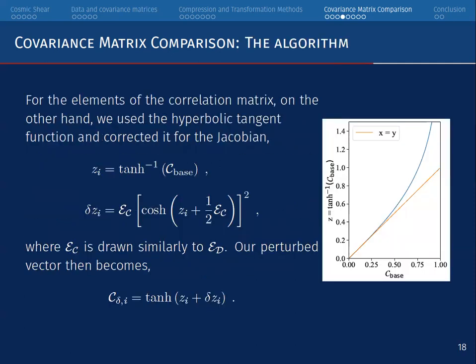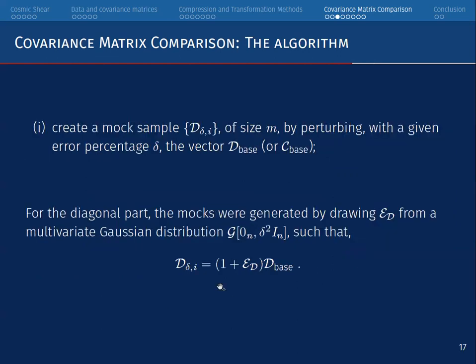We start by creating a mock sample, for example, of the diagonal elements with M components, where M is the step relating to the Monte Carlo process. These mocks are created by perturbing the original diagonal elements by some error delta. The perturbed value is then given by this formula down here. Since this is all squared, we don't have to worry about negative numbers coming up.